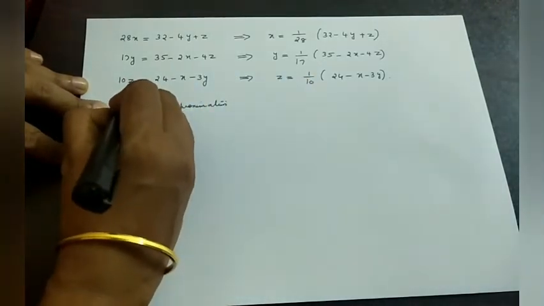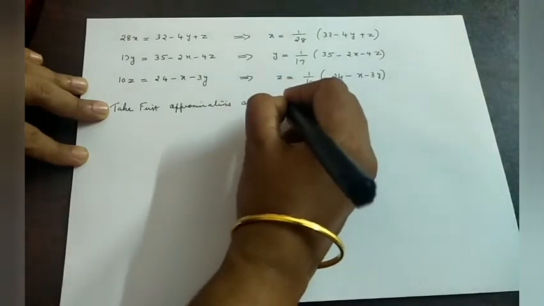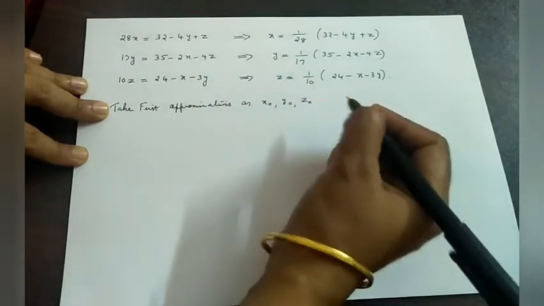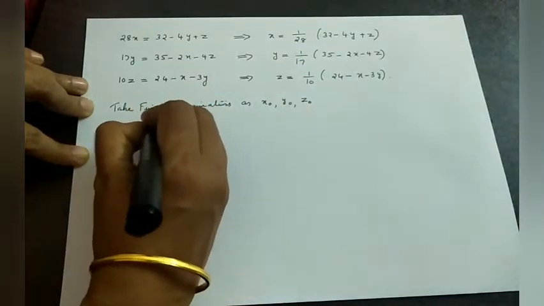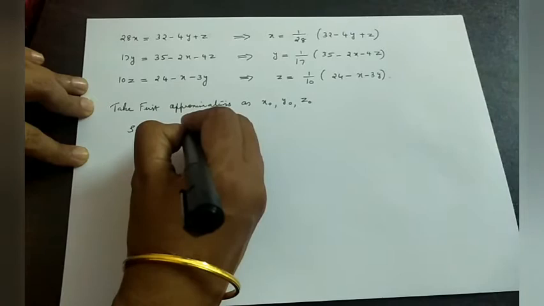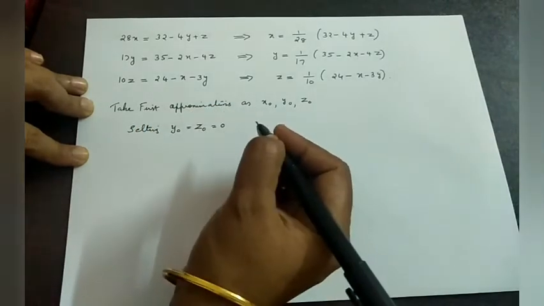Take first approximations as x naught, y naught and z naught, also setting y naught and z naught equal to 0.